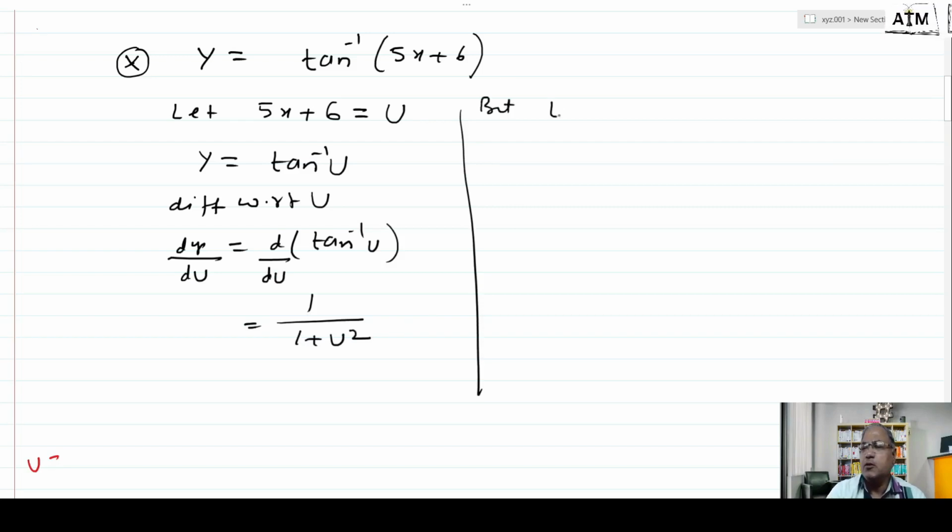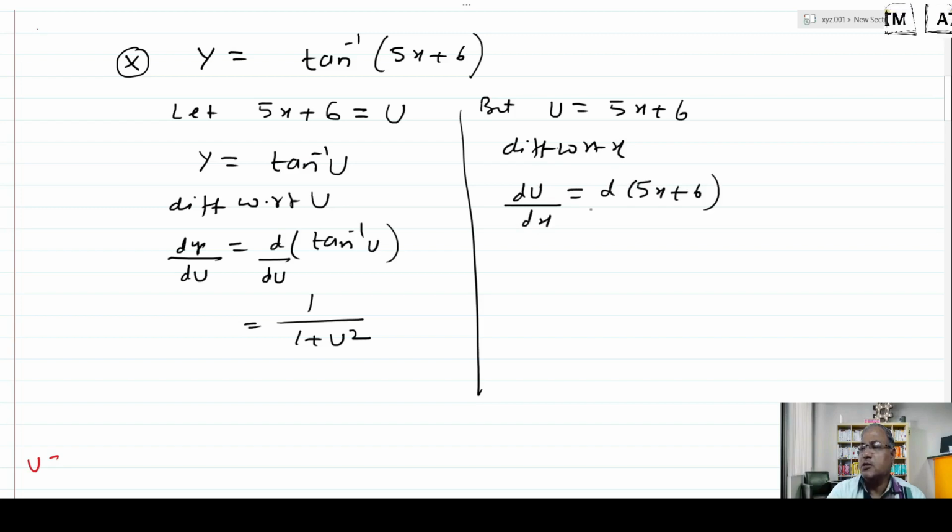But u equals 5x plus 6, differentiating with respect to x, du by dx equals 5. Now dy by dx equals dy by du into du by dx.